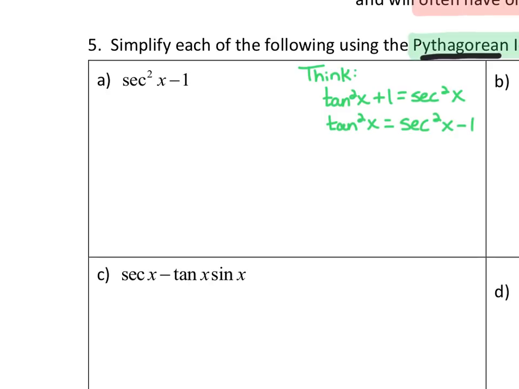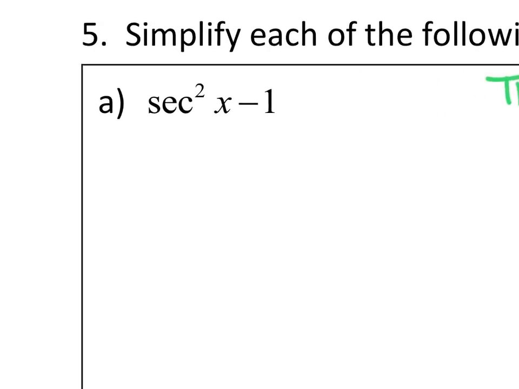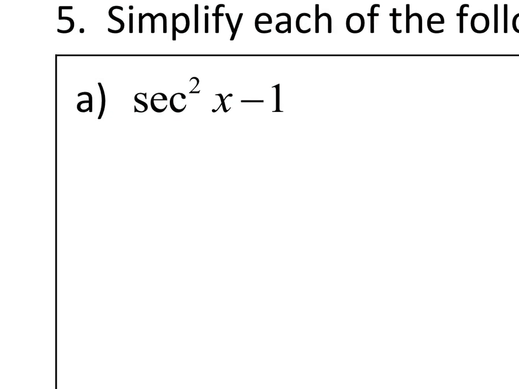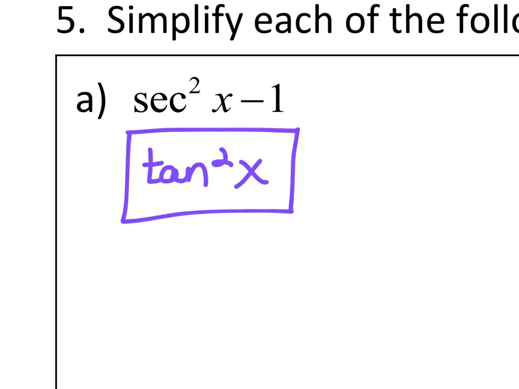Now, an equation means that both sides mean the same thing, so tangent squared of x means exactly the same thing as secant squared of x minus 1. Therefore, I can simply replace secant squared of x minus 1 with tangent squared of x. And that's it, you're done. You've got one term, no parentheses, no denominators. That is now simplified.